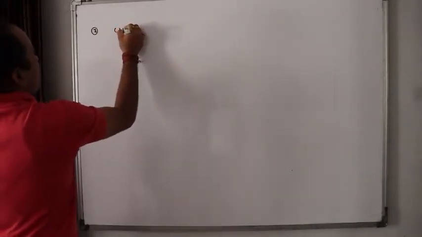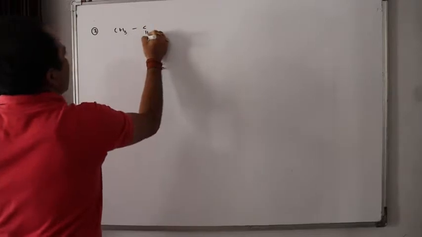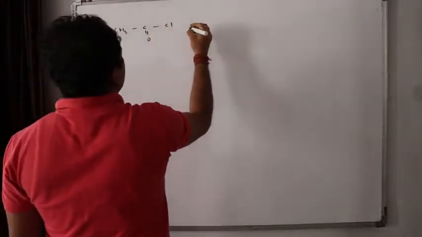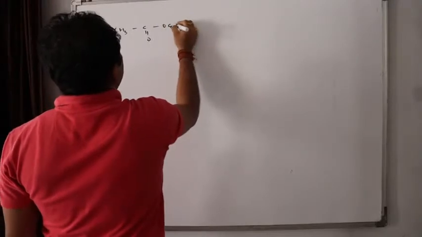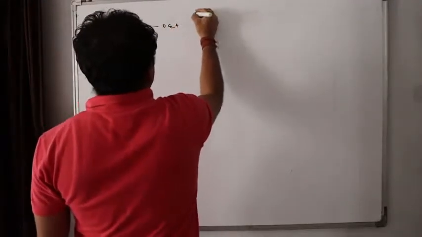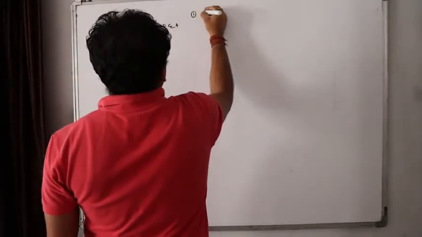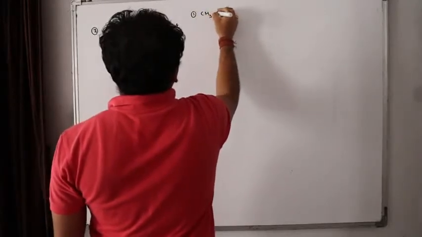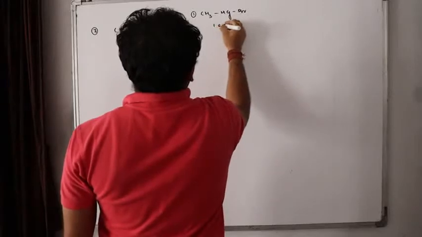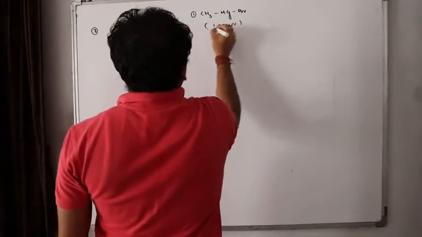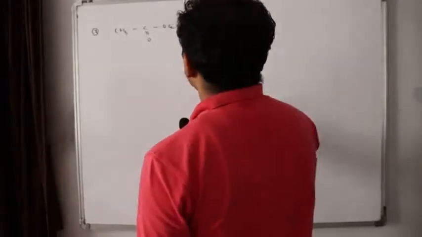Now comes the next question. CH3C double bond O Cl, or let me make it OEt, and make it react with one equivalent of CH3MgBr. What will happen? Tell me.